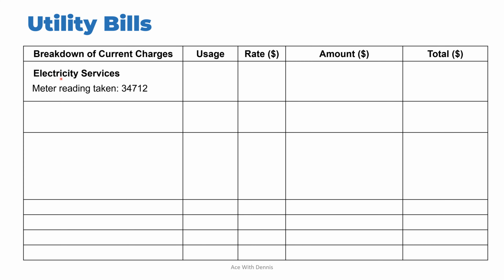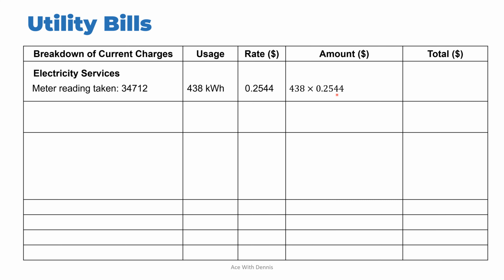Let's say the meter reading taken is 34712. So now the usage is 438 kilowatt hour. This is not so important. What is more important is how much electricity we actually use. And the rate is $0.2544, about 25.44 cents.